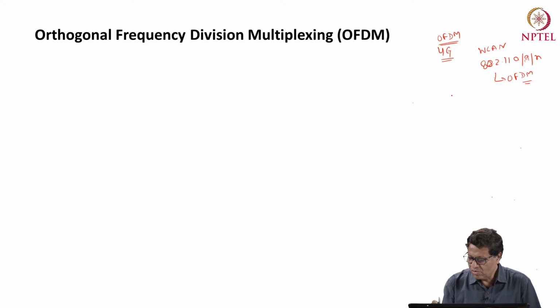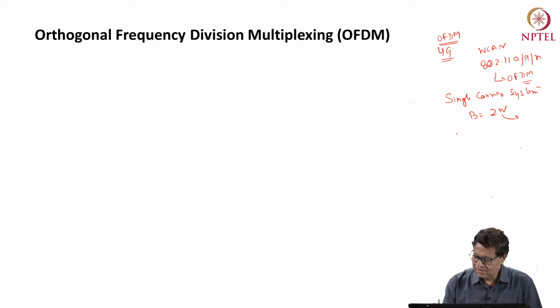So let us now go back to our single carrier system. Suppose I have a single carrier system, and the bandwidth is B, which is equal to W, where W is the one-sided bandwidth.